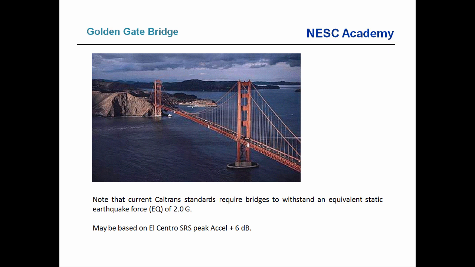To be honest, I don't know for sure, but I think it's highly plausible that it's based, at least in part, on that El Centro SRS peak acceleration with a statistical margin of 6 dB. That certainly makes a good story, and it seems very likely. But maybe it's a homework exercise. You can fact check me on that one.